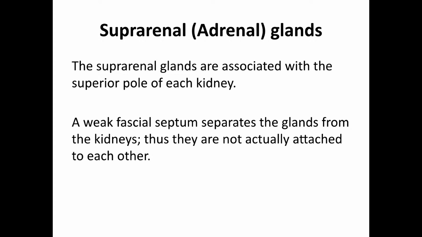We have two suprarenal glands, one on each side, and they are associated with the superior pole of each kidney. We have a weak fascial septum separating the kidneys from the glands. And they are not attached to each other at all. They are separated. They are two different organs.